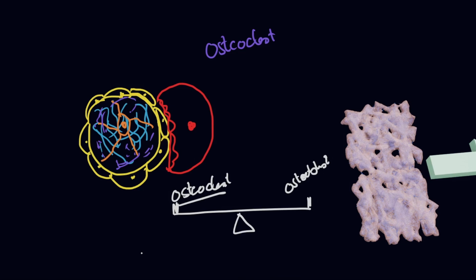Of course, if it fails to be coupled like this, if osteoclasts become hyperactive and osteoblasts are not working well, then bone resorption will be excessive and bone will become weaker. Even if the osteoclasts become weak and osteoblasts become hyperactive, even then bone will become weak.